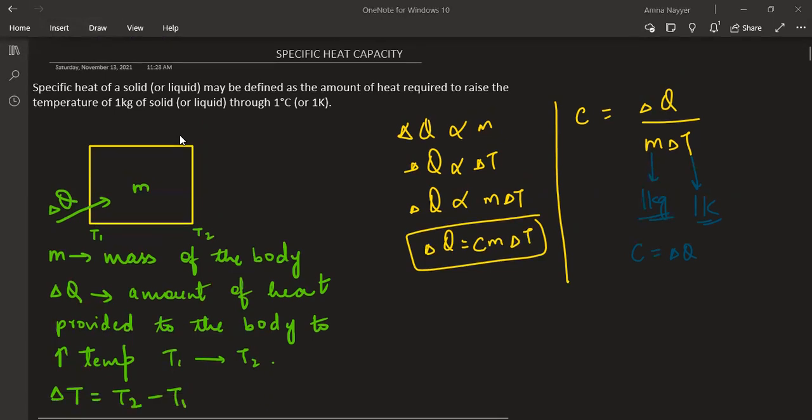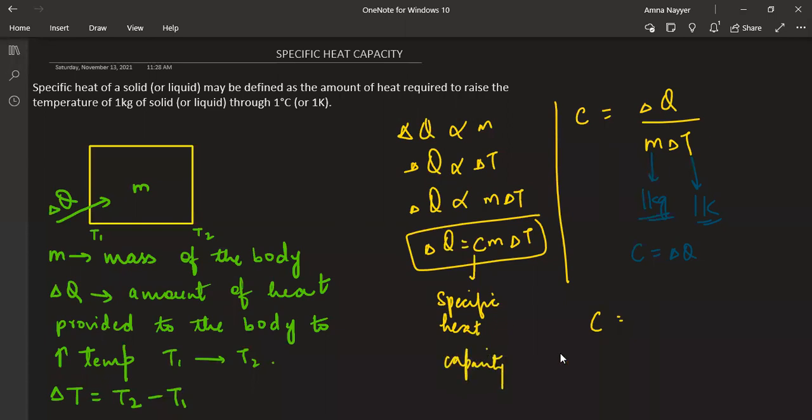One more thing, class, I forgot to tell you the SI unit. If you write C over here, that is the specific heat capacity. SI unit of heat is joules, SI unit of mass is kg, and SI unit of temperature is Kelvin.